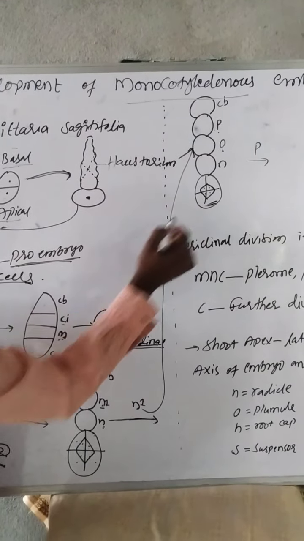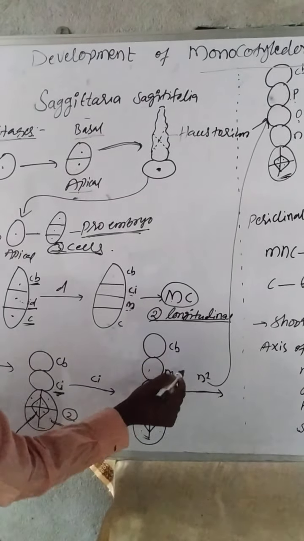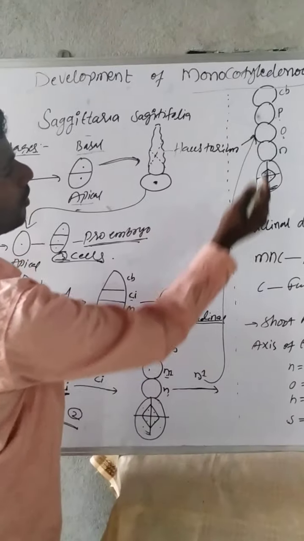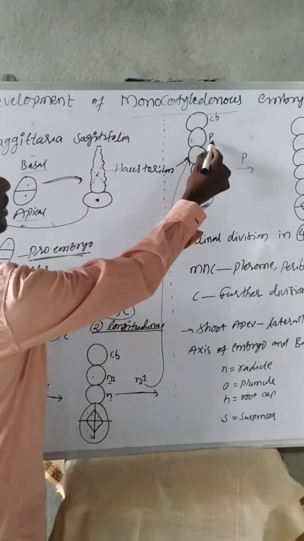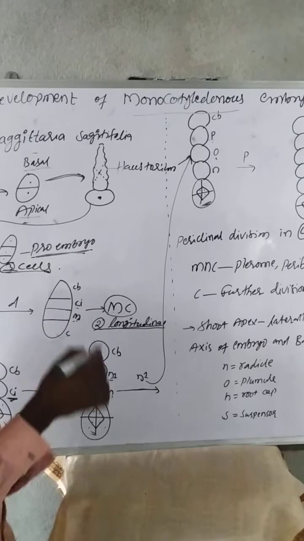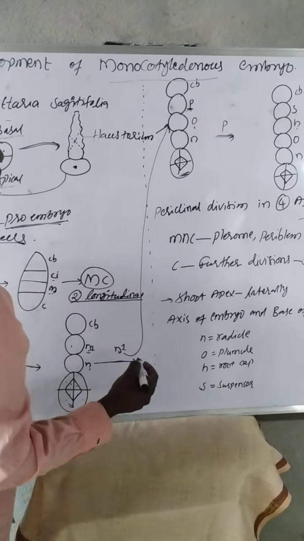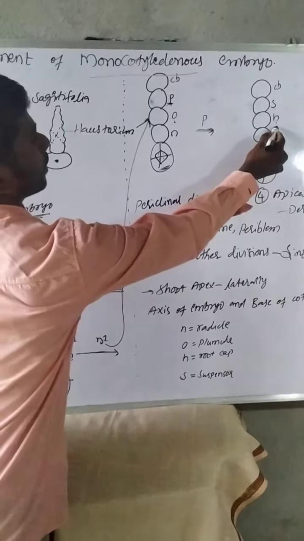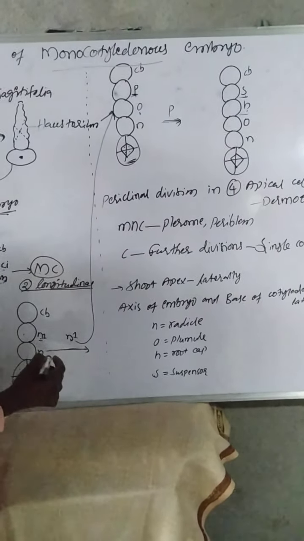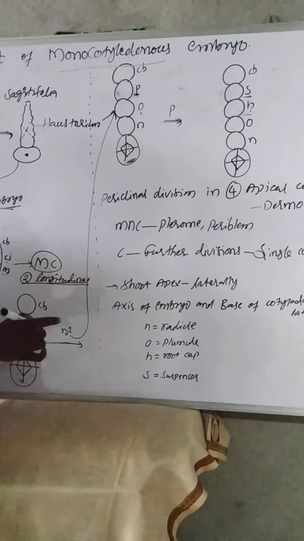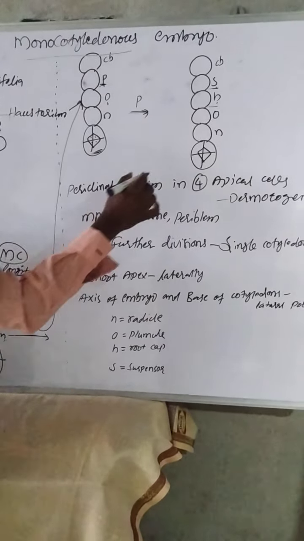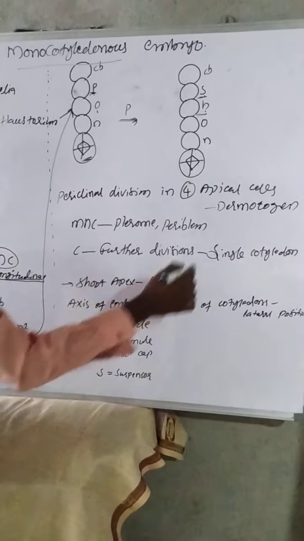This is the basal region. Then the P cell divides and forms H and S cells. So one division forms two cells, H and S.